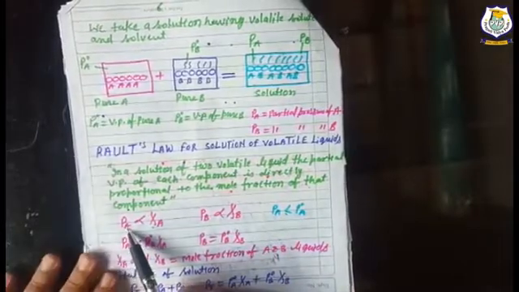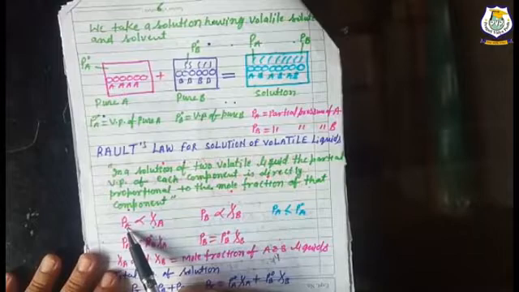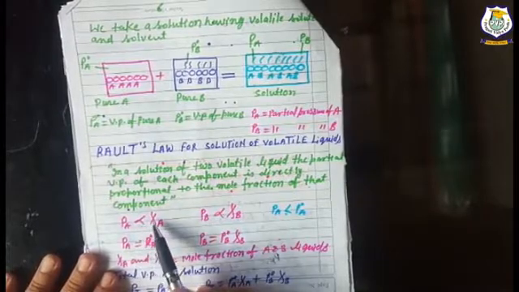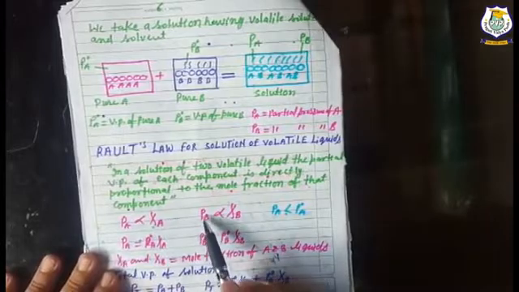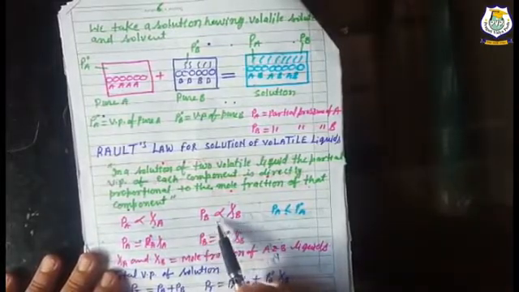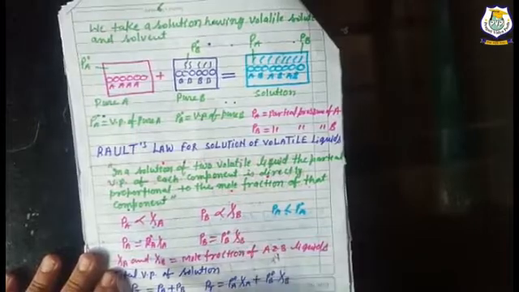The partial pressure of component A in the solution is directly proportional to chi A, the mole fraction of A. Similarly, PB, the partial pressure of B, is directly proportional to chi B.